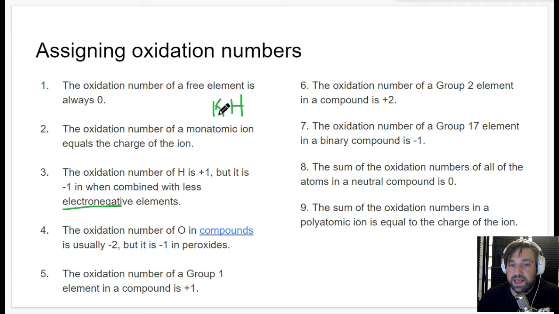The potassium here is going to be your positive cation, and that makes this hydrogen the negative ion. So the name of this is going to be potassium hydride. Remember, for the negative ions, you drop the back part of the name and add "ide." So potassium hydride. So in that type of situation, you can kind of tell this hydrogen is going to have an oxidation number of -1.